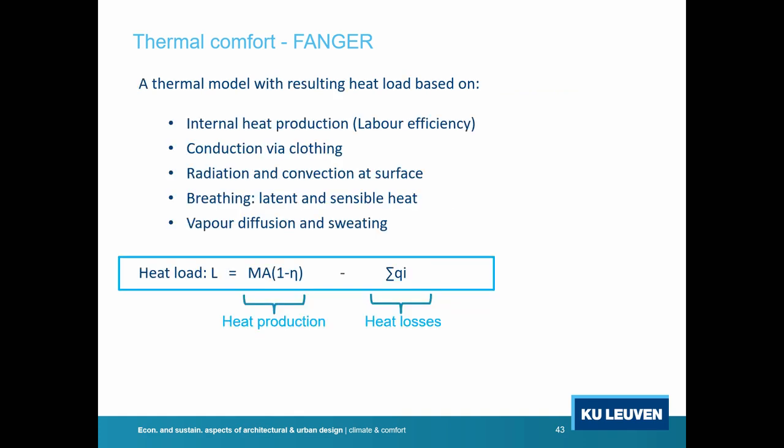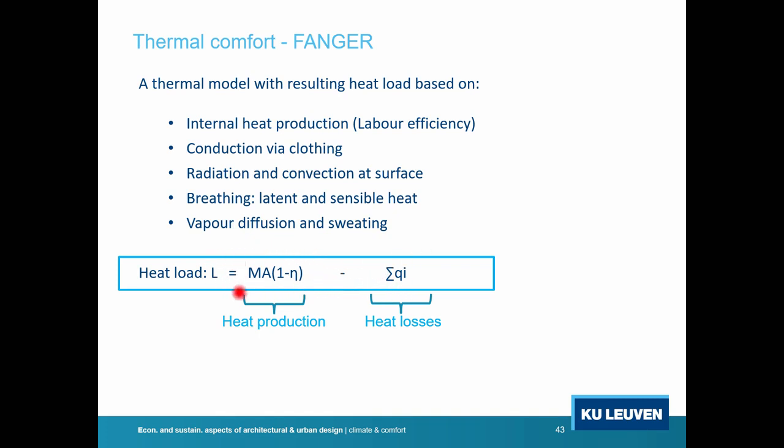So what Fanger did is try to put all these inputs, the energy we get from food and drinks, and the exchange of heat, the heat we release, into a formula. Because he says you are only in balance when the heat load, which is the difference between the heat production and the heat losses, is neutral.